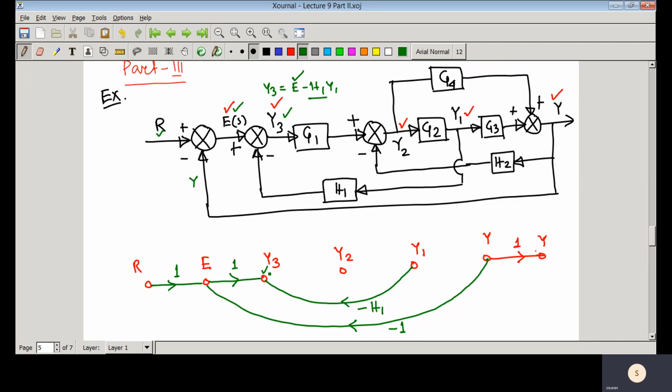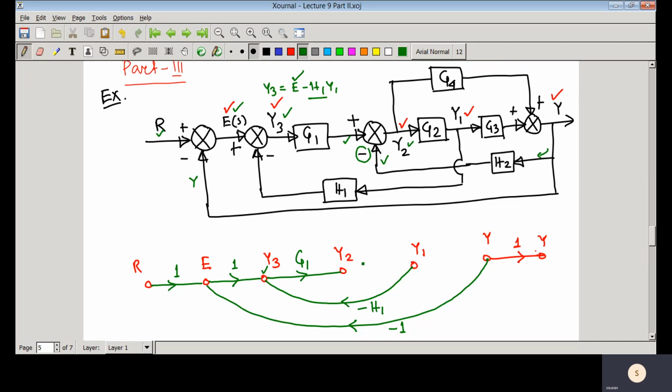Similarly, you can see here Y2. So Y2 equals G1 Y3. That means there would be one branch and its gain is G1. Here this is the signal G1 Y3, and then you have another signal here, that is H2 Y. As there is negative feedback, you write it as minus H2.